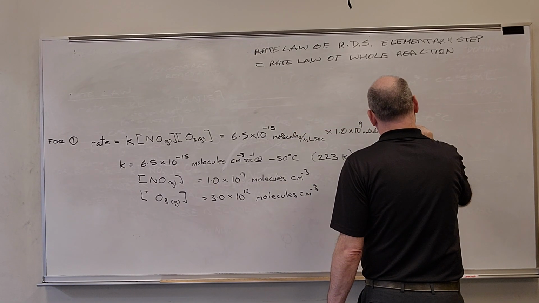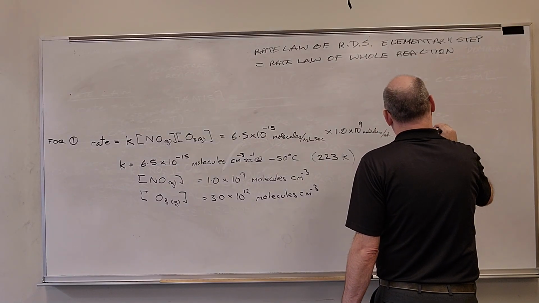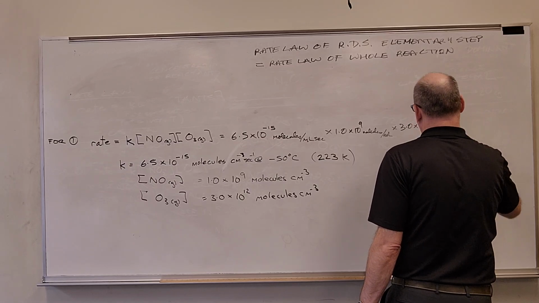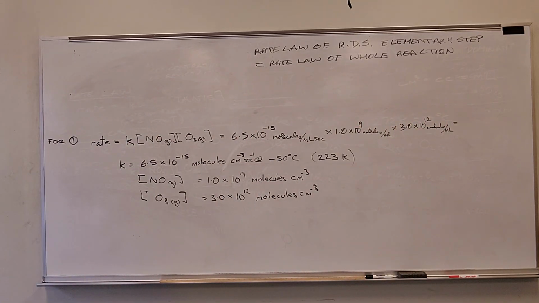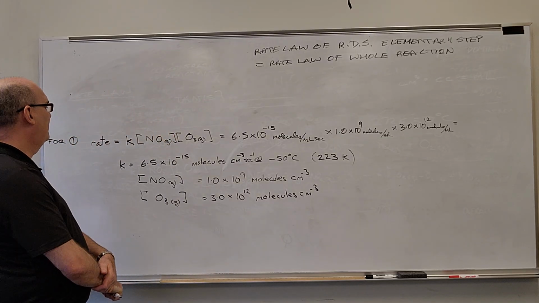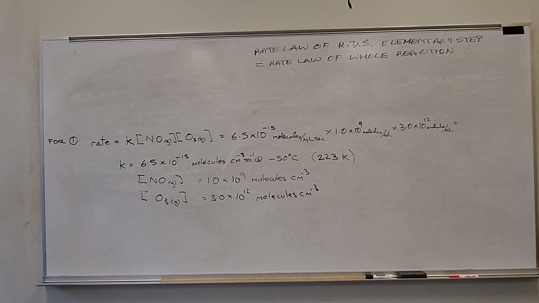Multiplied by 3 times 10 to the 12, 3 trillion molecules per milliliter equals. I've just multiplied those numbers. Whenever we write it out, do we have to put the units? You keep the units in the calculation just to keep yourself on track to make sure that you're doing the right thing. Yeah, we just find a number and then make that number make sense.